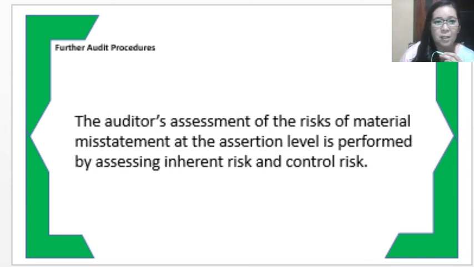The auditor's assessment of the risks of material misstatement at the assertion level is performed, as mentioned in our previous video lecture, by assessing the inherent and control risk. Preliminarily, the auditor will assess this inherent and control risk to help determine the risk of material misstatement at the assertion level or even at the financial statement level.